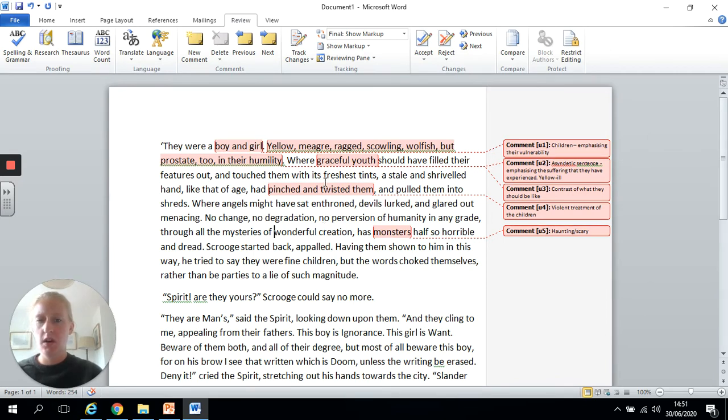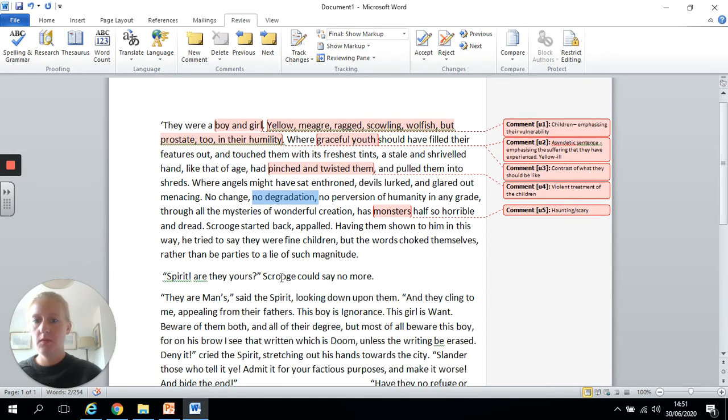We've also got other structural choices, these sentence structures, these lengthy lists, this asyndetic sentence structure to emphasise how poor they are, that it goes beyond that sentence. It continues, they've degraded. Same idea. So those are all sorts of structural comments that you can make.